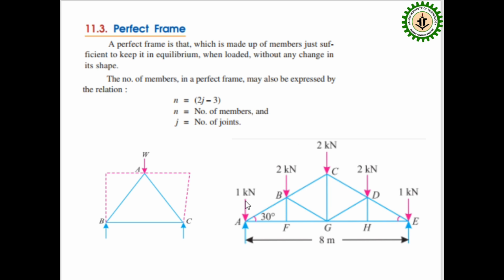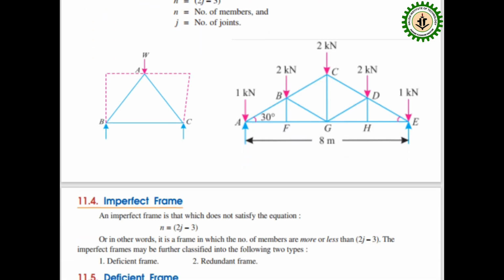Joints may or may not have a force. Here you can see in all the joints there are some types of forces applied, but there are also cases where a few joints have a load and a few joints have no load, and this also happens in analysis of truss members.